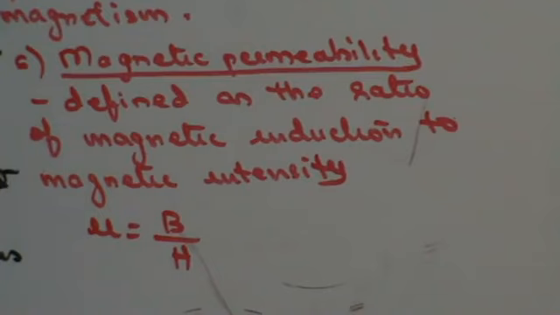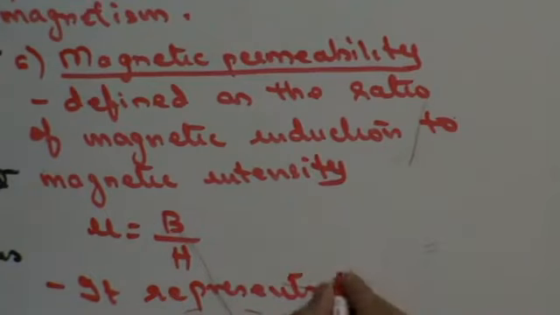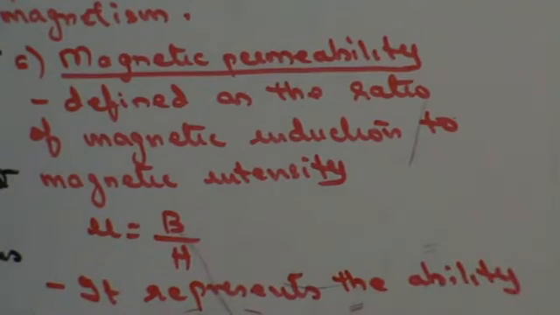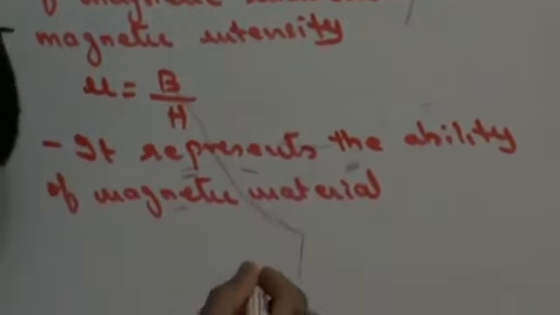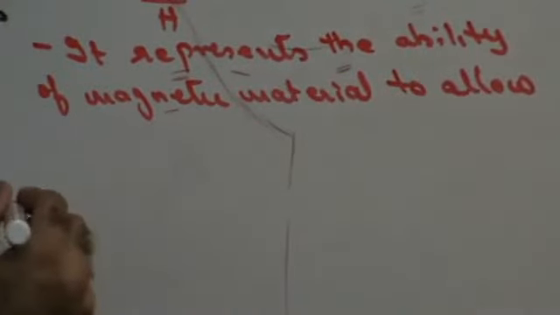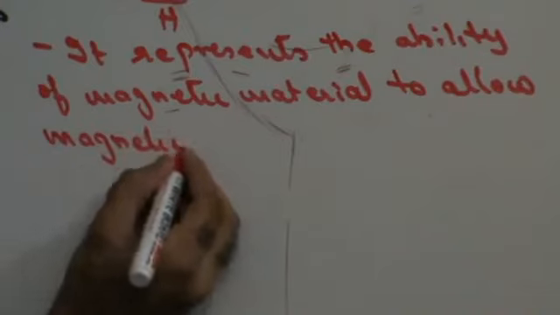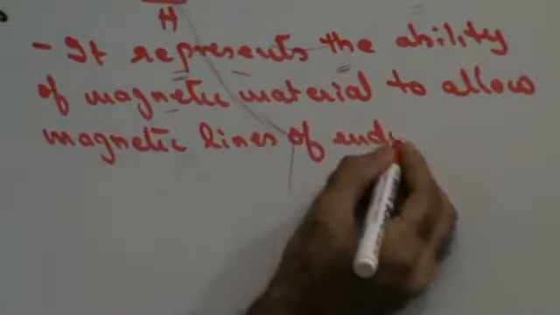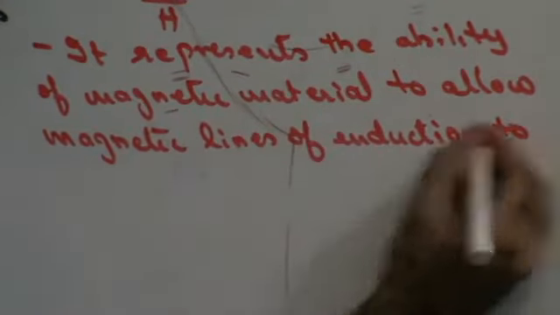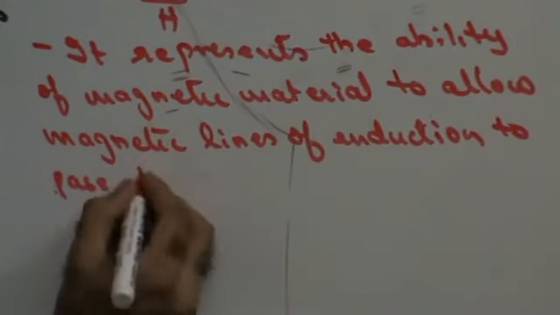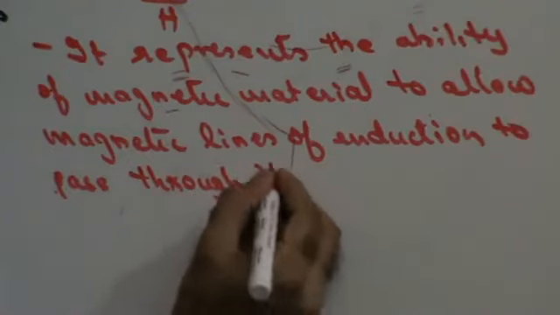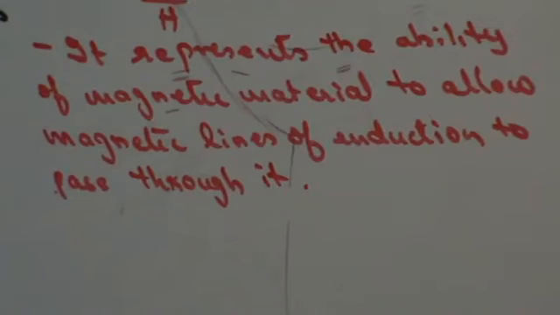It represents the ability of a magnetic material to allow magnetic lines of induction to pass through it. So that is the actual meaning of magnetic permeability.